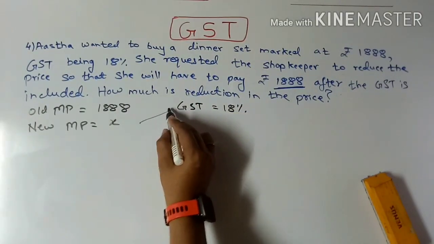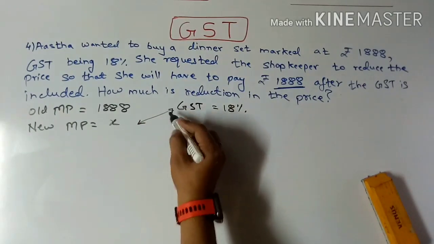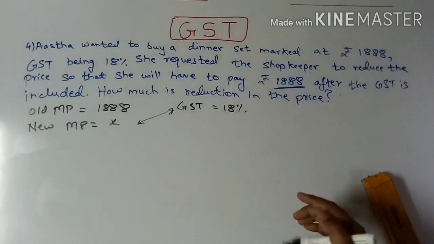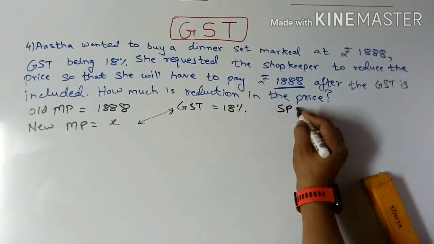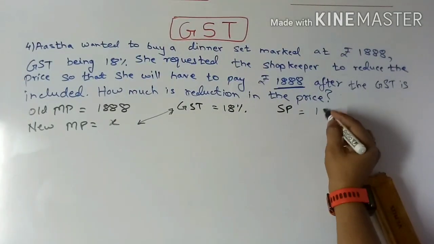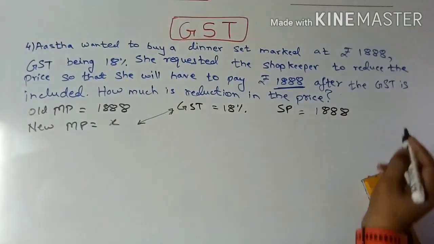So if I levy GST on this new marked price, my selling price should be 1888. So my new selling price must be 1888.